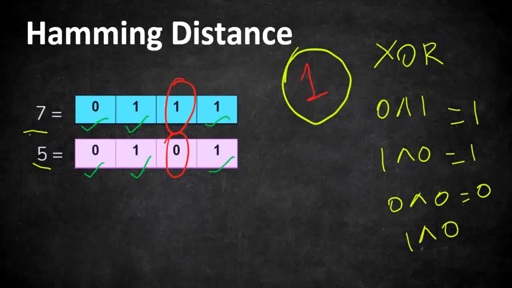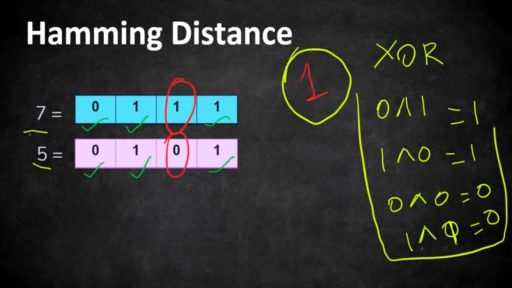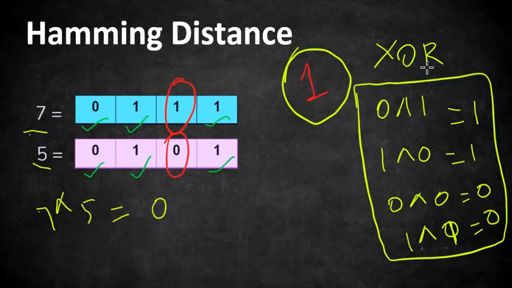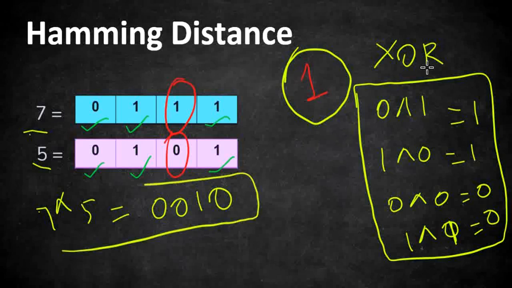So this is the function we are going to use to find wherever the positions have different numbers. Let's do x XOR y, which is 7 XOR 5, which gives you 0010. So we have a final result which has 1 wherever the numbers are different.